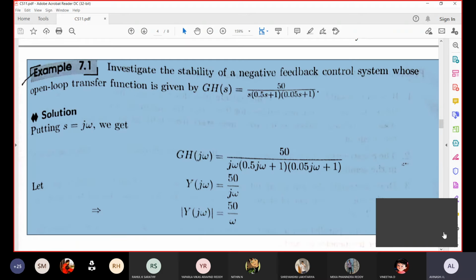After writing this numerical, up to this stage it is like your previous numerical only. So keep solving.